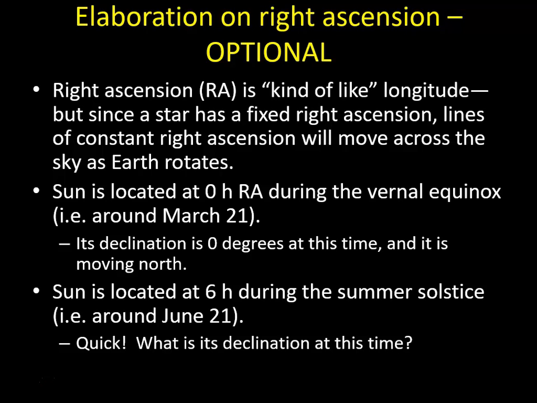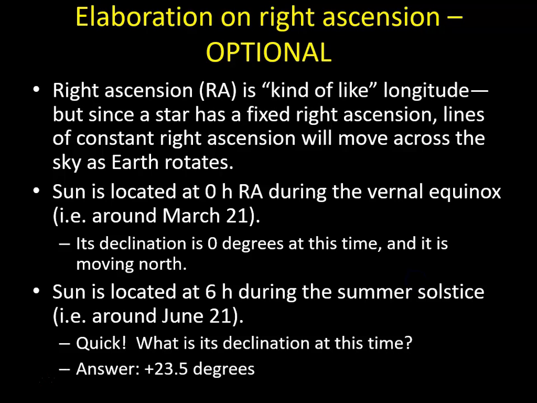That's the summer solstice. And I'll ask you a quick question. What is our sun's declination at the time of the summer solstice? I'll give you a minute to pause the video and think about it. So the answer, just to check your thoughts, is 23.5 degrees.